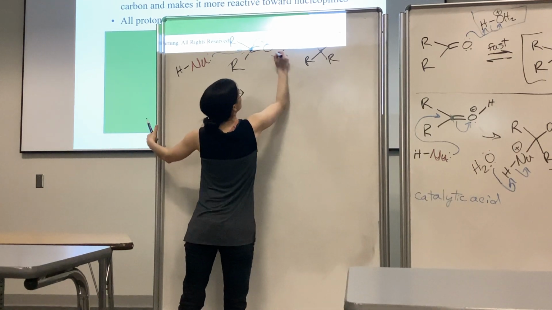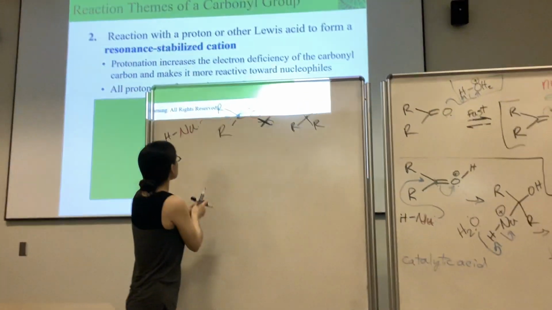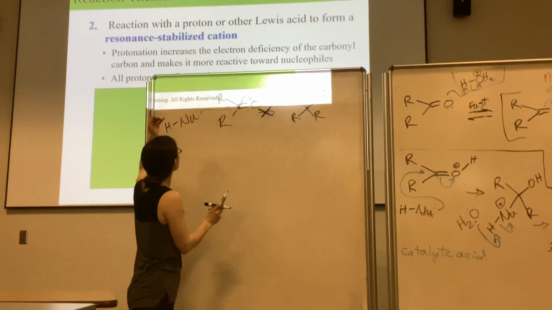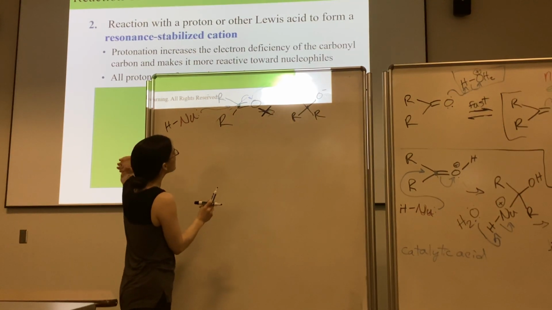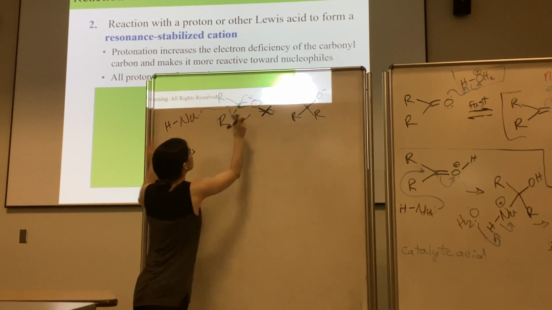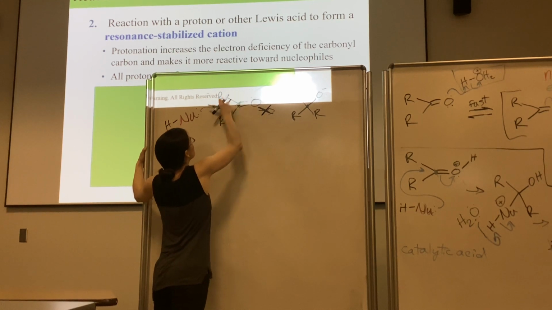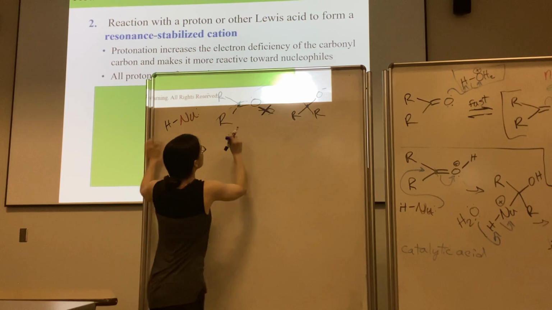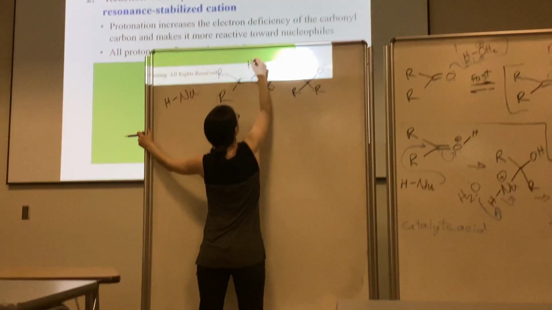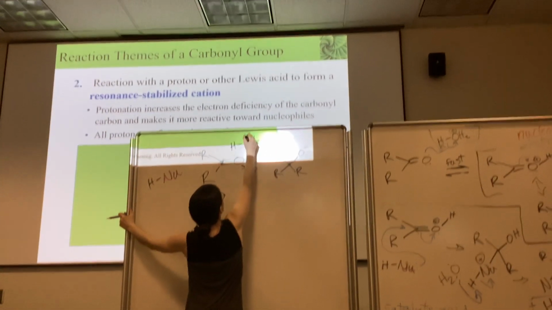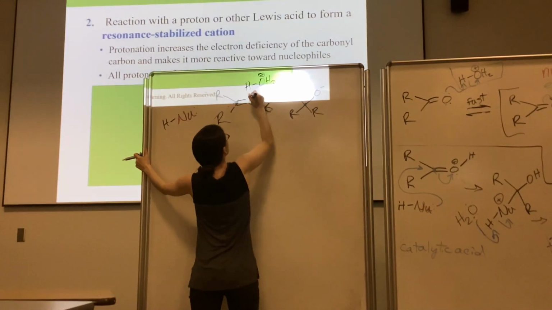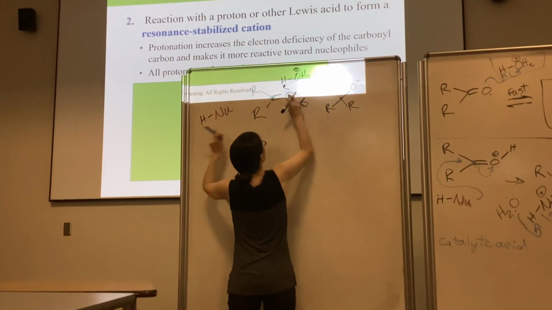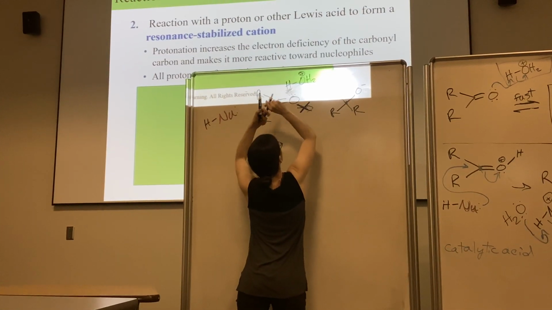And you can go like that, and hopefully you do your electron pushing with pencil so that you can get rid of this, and you can go, instead, I want blue for electron pushing.